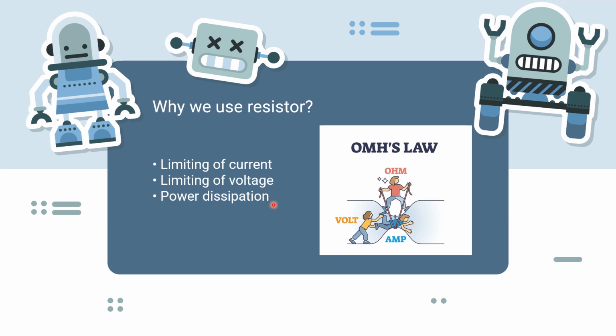In electronic circuits, we need to reduce some of the power that can damage other components. For example, if we want to turn on an LED, we need to limit the current, of course, which causes some power to be wasted in the resistor and converted to heat. So a resistor has three main jobs. The first is limiting current, the second is limiting voltage, and the third is power dissipation.